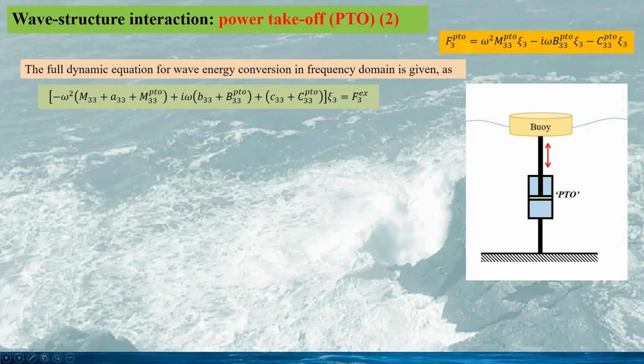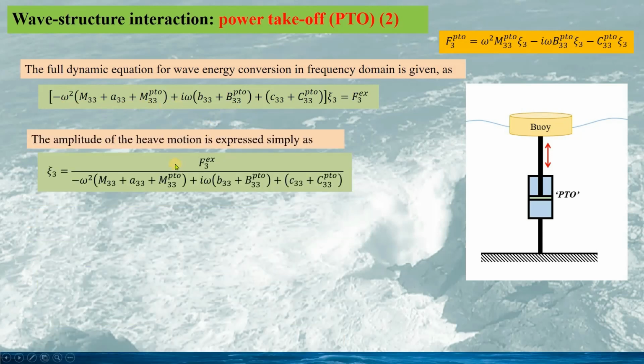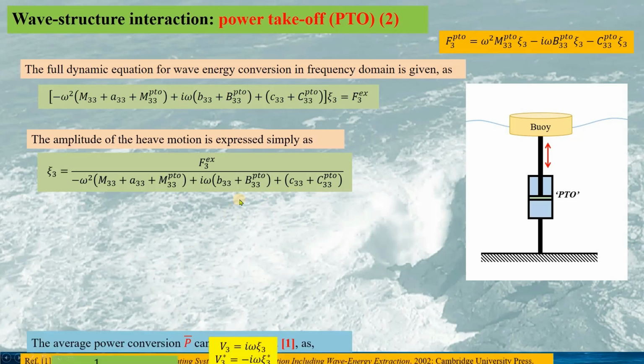So we put the power takeoff force into the dynamic system of the floating structure. So we have the dynamic equation in frequency domain as this. And the amplitude of the heave motion can be easily solved, given as this expression.